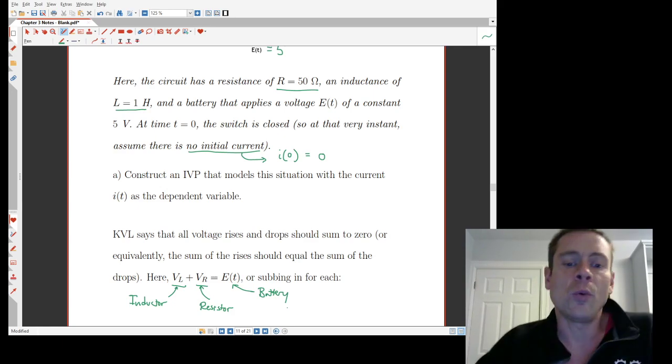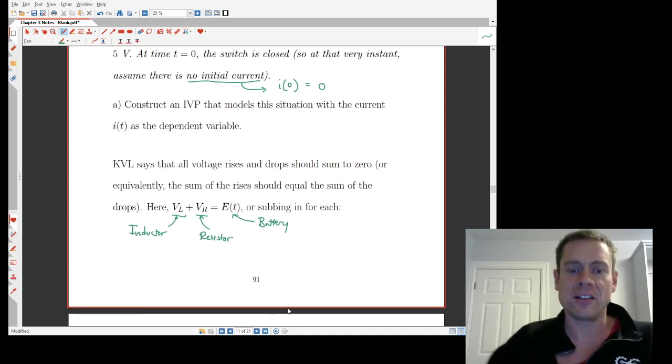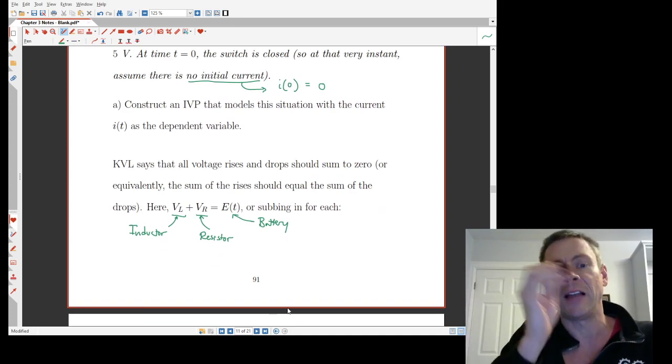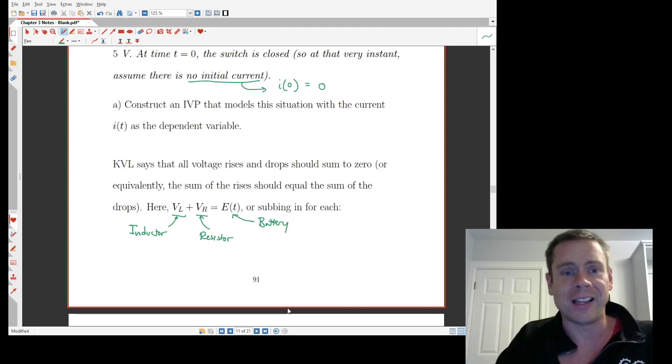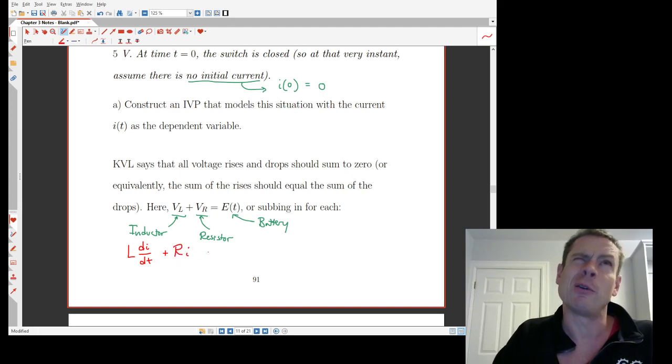So with that, I'm simply going to sub in what we have using those formulas from the last page. So VL was equal to L times di dt. VR was equal to R times I. And E of t is E of t.